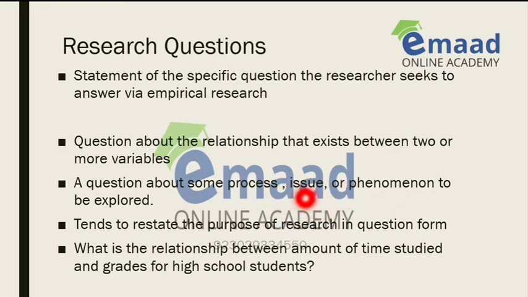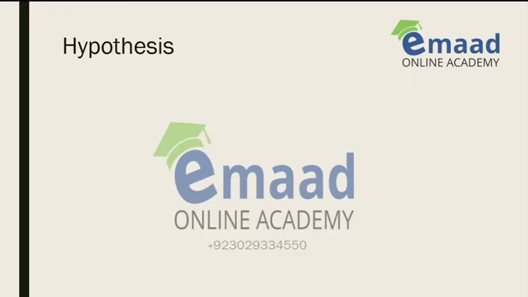You have to find out how much this factor, the amount of time, affects the grades of high school students. So this is how a research question can be formulated before going for your actual research. If you have clear concepts and clear research questions in your mind, then you can do very good research on that basis.